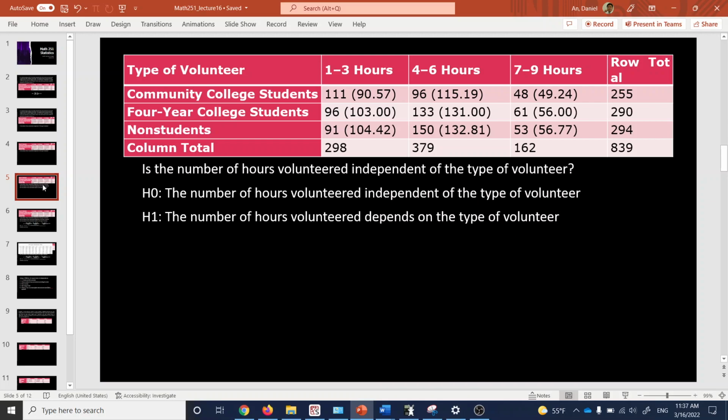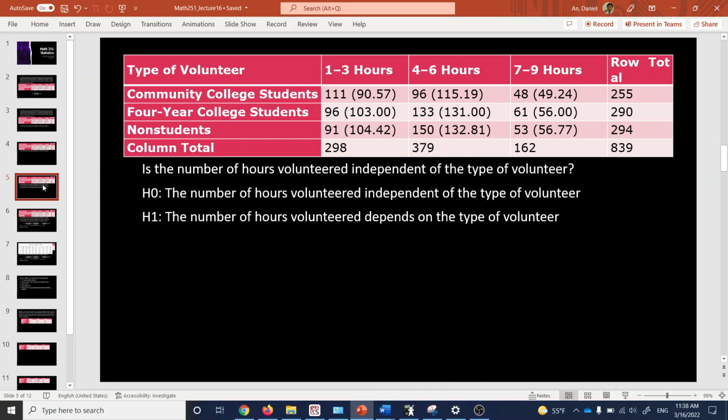Remember, for hypothesis testing of a mean or of proportions, the null hypothesis is either mu equals a number, or in the proportion case, p equals a number. That's always the way the null hypothesis, H0, is formulated.